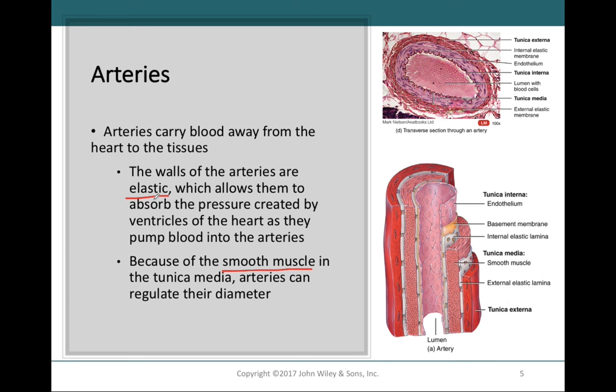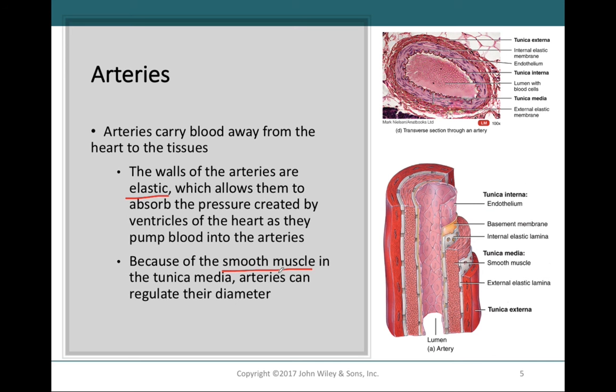The other big thing that we'll see in our arteries is smooth muscle, and it is very important that we understand that this smooth muscle is circularly arranged. This allows for the tunica media of our arteries to constrict and close off the lumen to narrow the diameter. This can help to regulate blood flow to certain areas of the body.